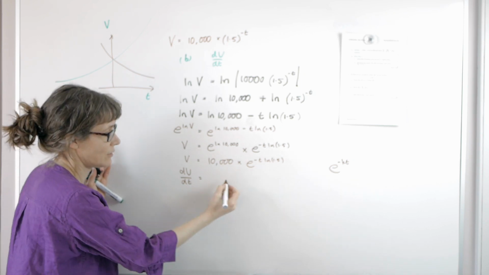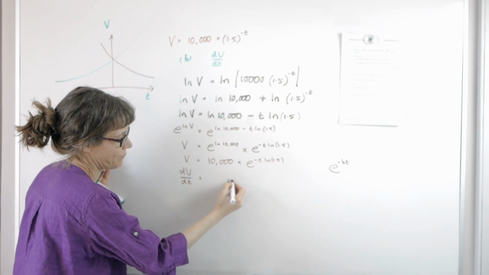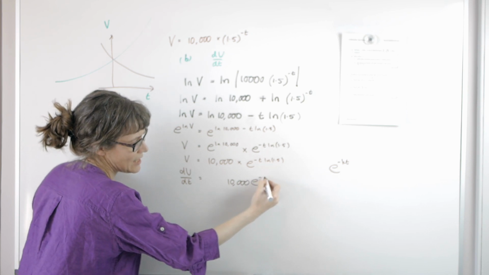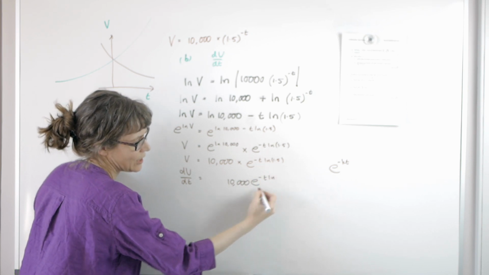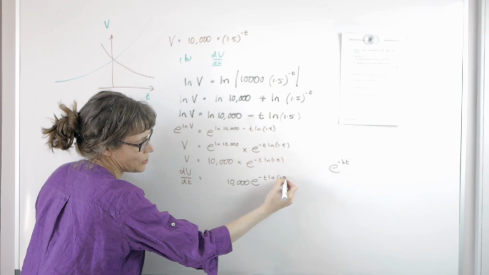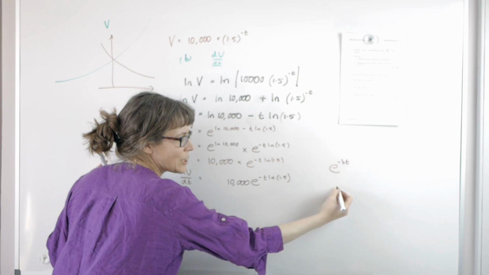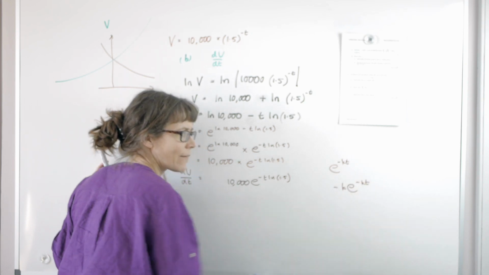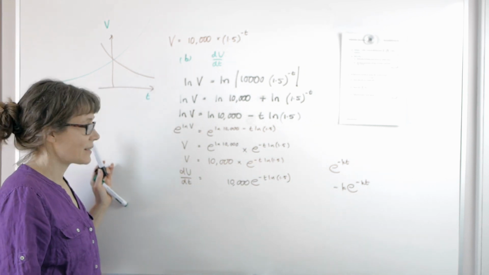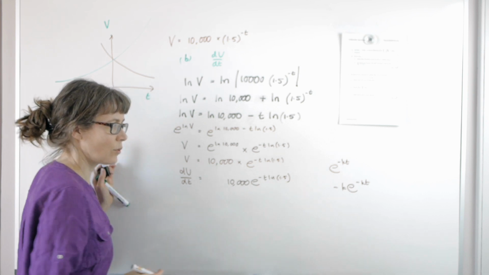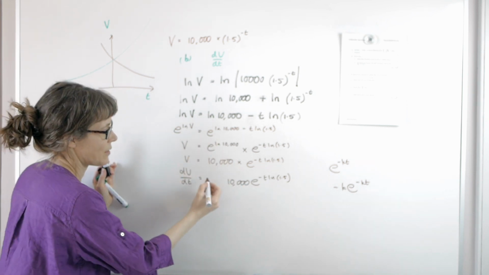The 10,000 stays the same as the constant at the front. This doesn't change because it's now an e to the power of something, but what we do have to do is, if we differentiated this, we would get a minus k right at the start, and exactly the same here. This ln, in fact minus ln 1.5, is going to have to come down to the front.